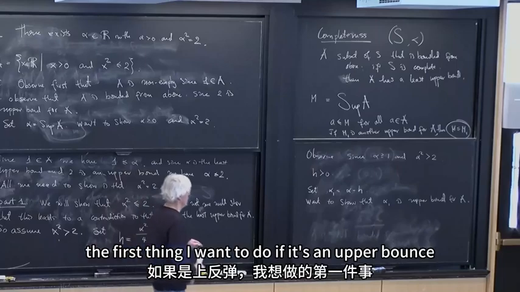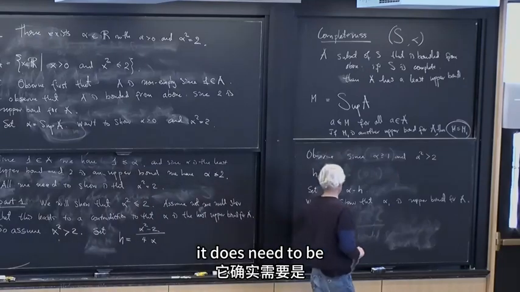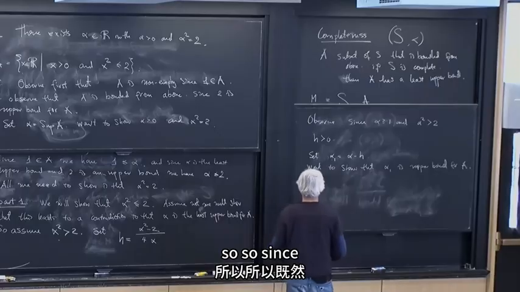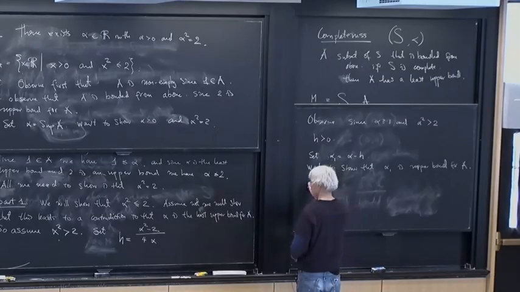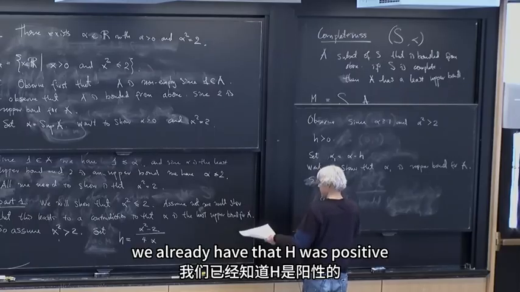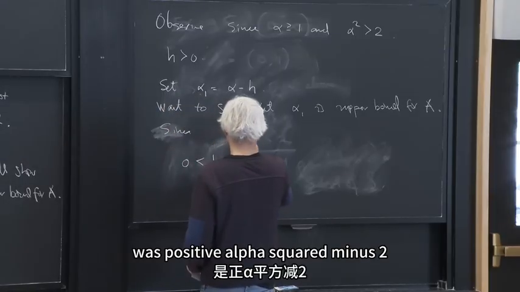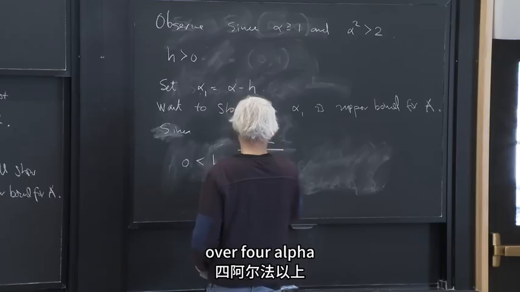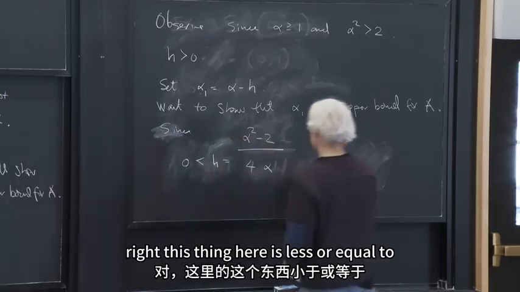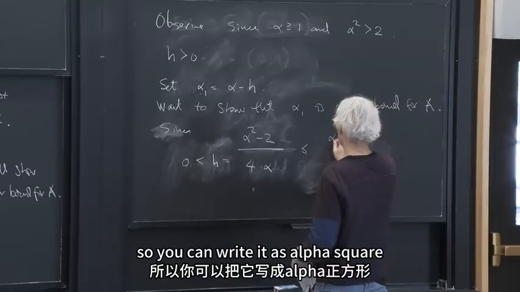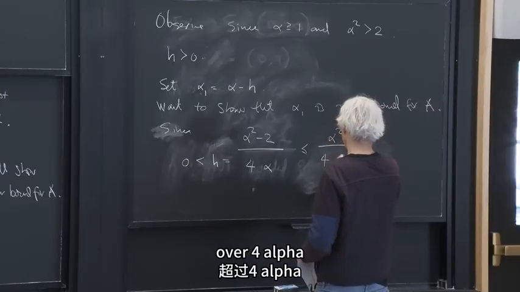The first thing I want to do, if it's an upper bound, it does need to be positive. So let's check that. Since we already have that h was positive, alpha squared minus 2 over 4 alpha is less or equal to, I can even forget about the 2, so you can write it as alpha squared over 4 alpha.